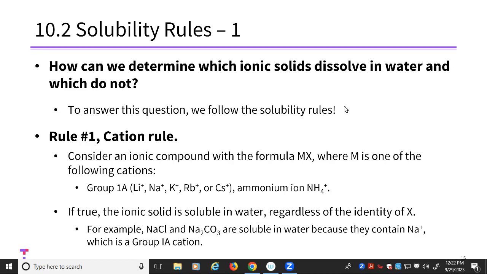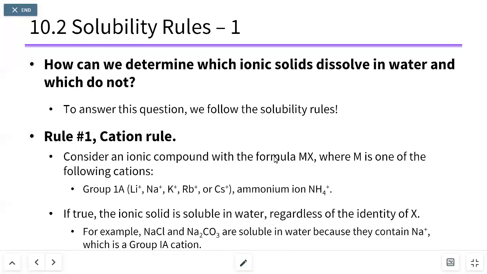So the first half of this base is the cation rule. And the cation rule states this. These cations, those found in group 1A, so all of your alkali metal cations, and the ammonium ion, NH4+, are always soluble in water.